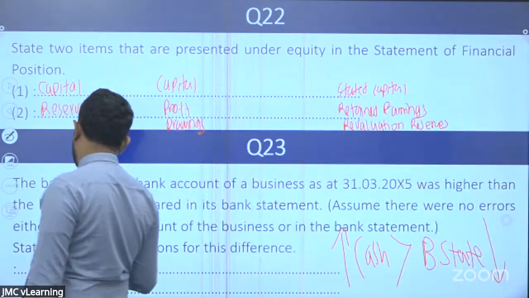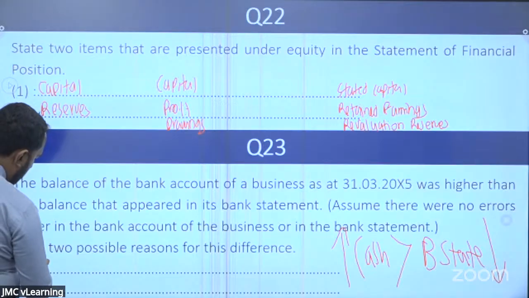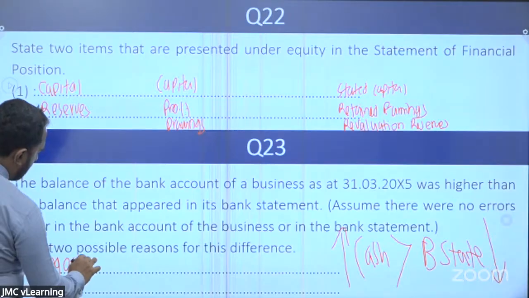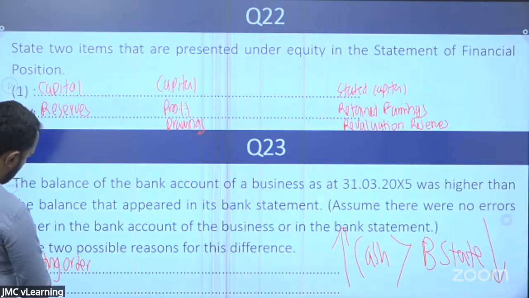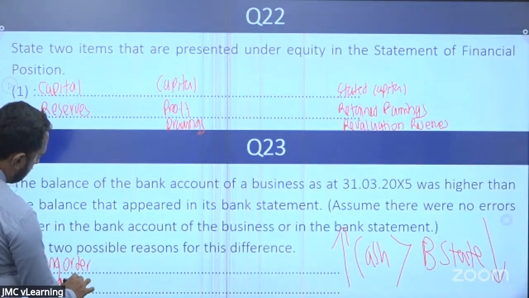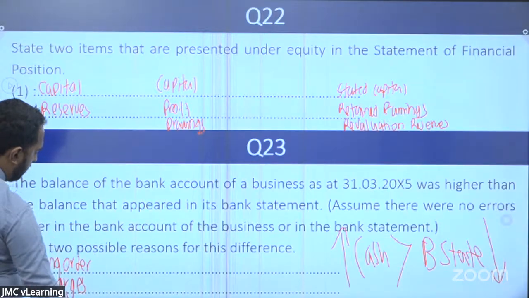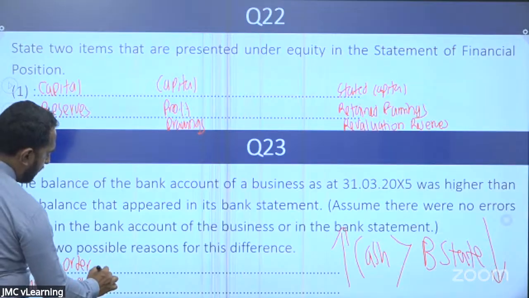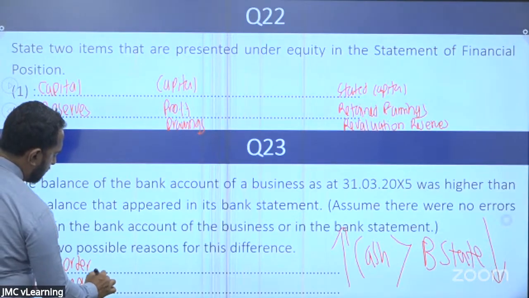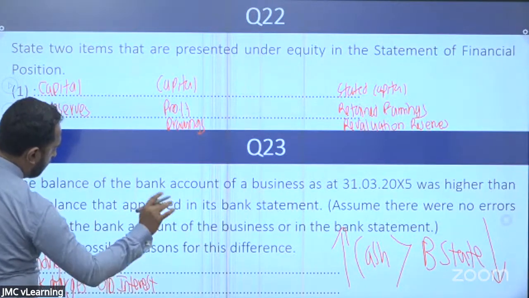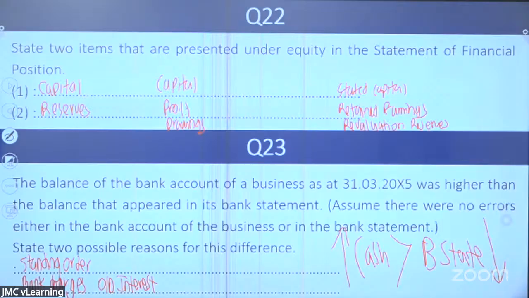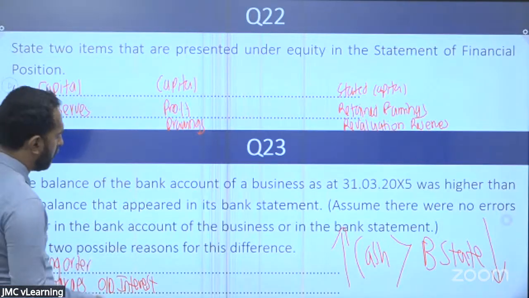Now for an example, if there's a standing order, what will happen? Because of the standing order, the bank balance would come down. If there are bank charges, then the bank statement balance would come down. Then there can be OD interest. Because of that, the bank statement balance would come down. So what are the reasons for the cash book to have a higher balance?